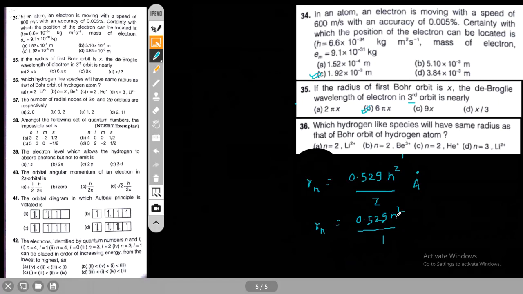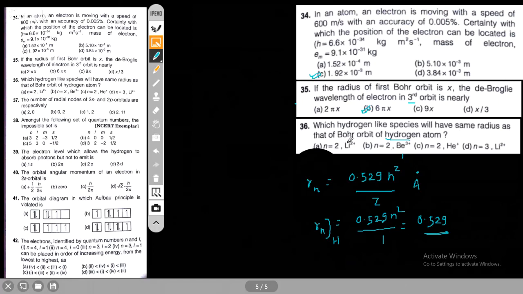Since they are talking about the Bohr orbit of hydrogen atom, we are talking about the first Bohr orbit. If nothing is written, only Bohr orbit, it means the first Bohr orbit. So radius is 0.529, n value is 1, Z value is 1 for hydrogen atom. So we have to find out this.